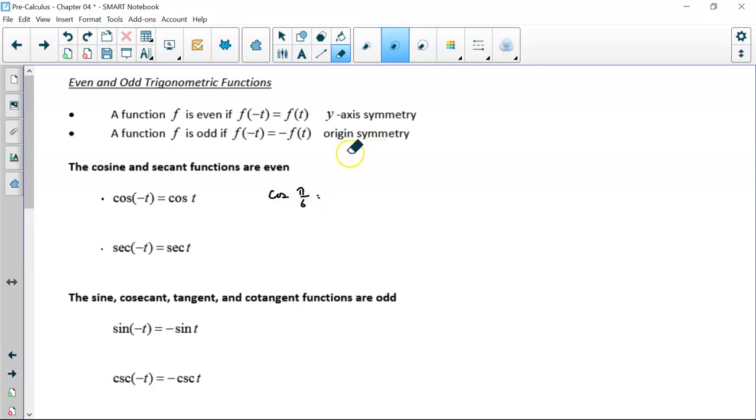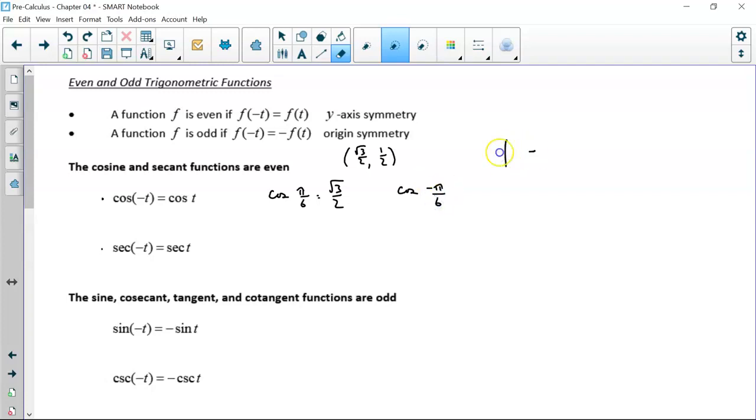Now, whenever we have a pi over 6, it's going to be root 3 over 2 and 1/2. So for a pi over 6, we're in quadrant 1, so the cosine is the x, it's root 3 over 2. Now the cosine of negative pi over 6.